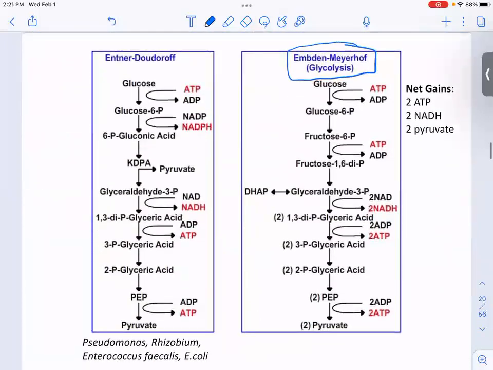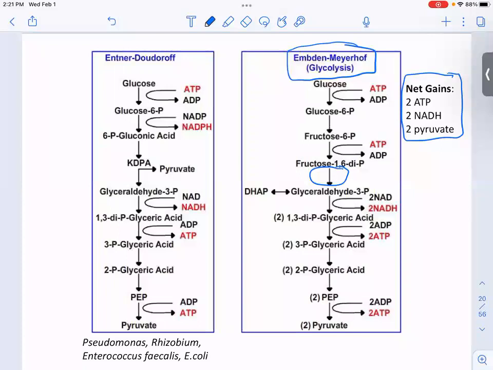So if we look at glucose a little bit more closely, I wrote in here the net gains, that's what we talked about before. This step right here is the lysis step, the enzyme that splits the fructose 1,6-diphosphate. Again, I said that molecule was not symmetric, so it doesn't split into two molecules that are exactly the same.